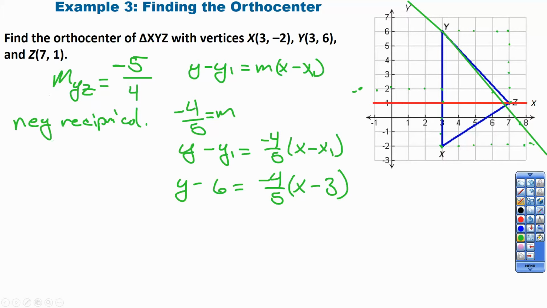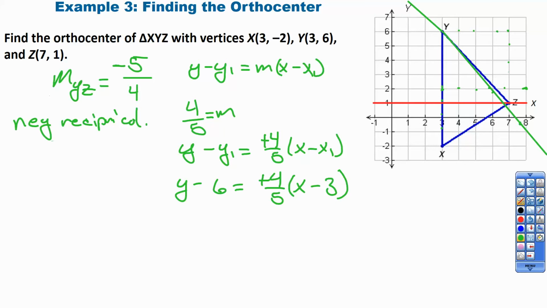This is a negative slope right here, right, guys? And I forgot that. So this should be positive. That's why I'm getting all confused. So we start again. We go up. How much? We go up 4, 1, 2, 3, 4. And then we go over to the right 5, 1, 2, 3, 4, 5.